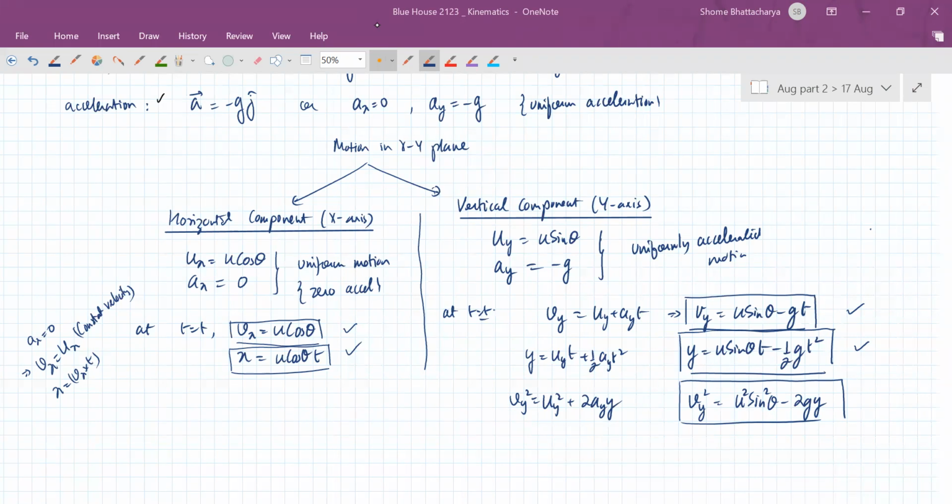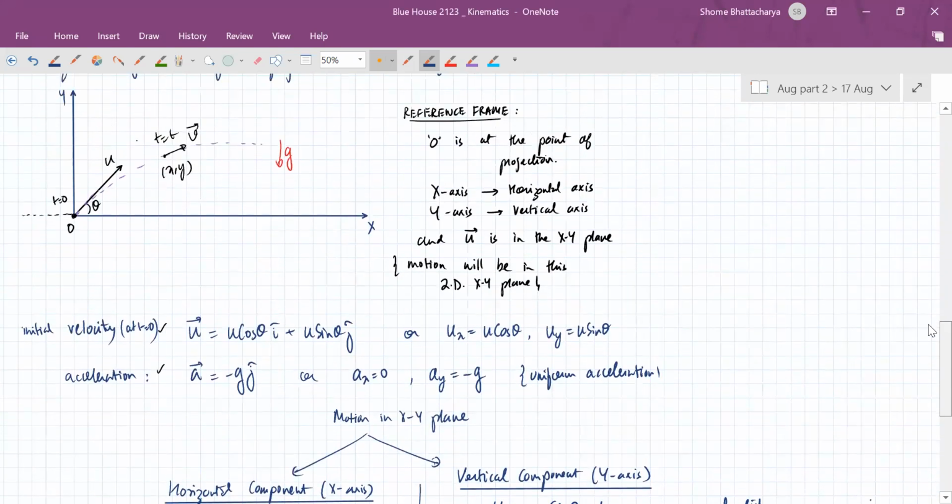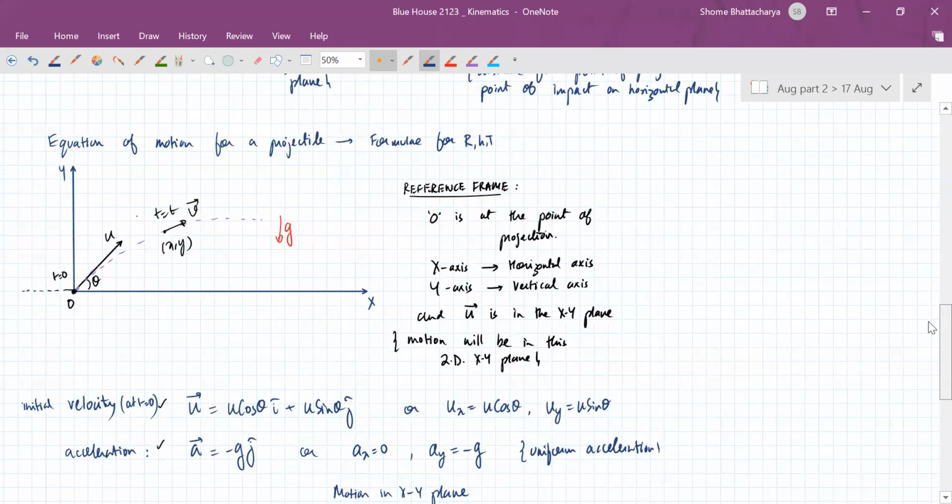Can you scroll up? Scroll up, is it? Not that one.